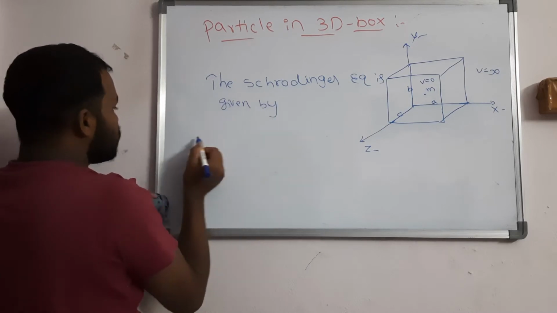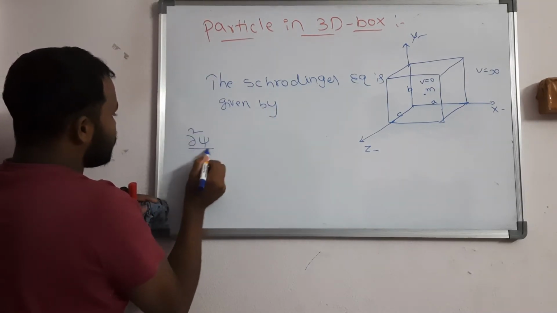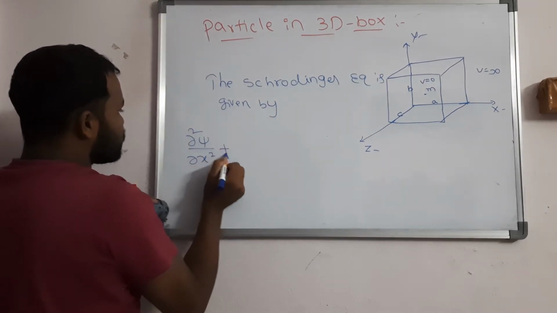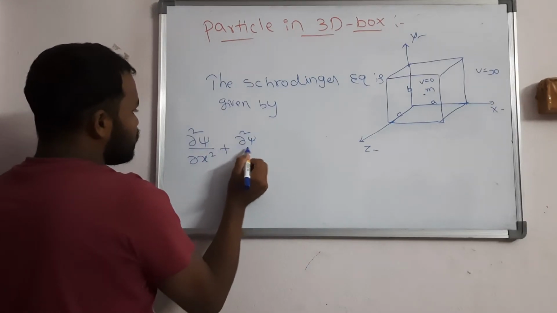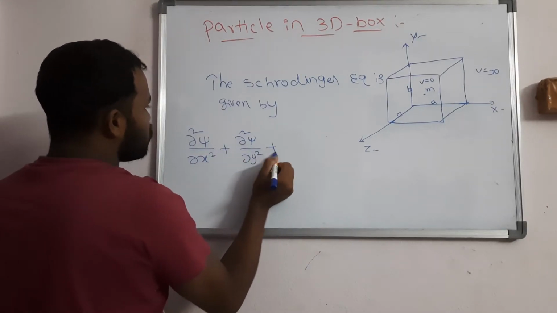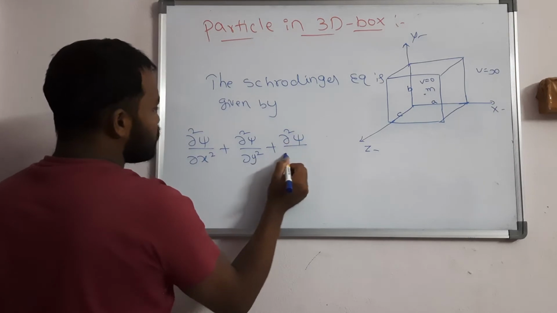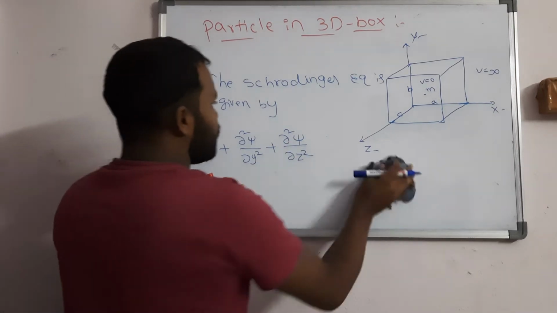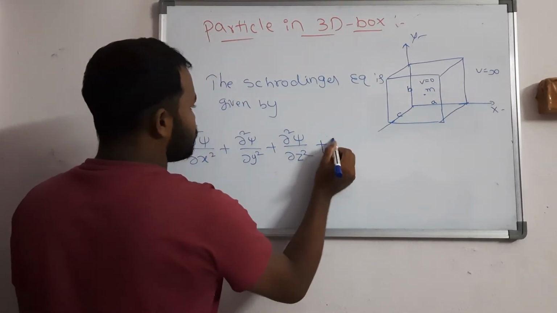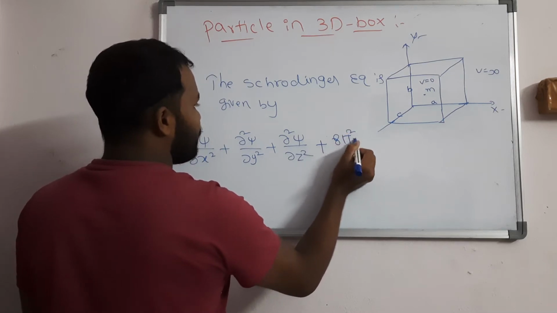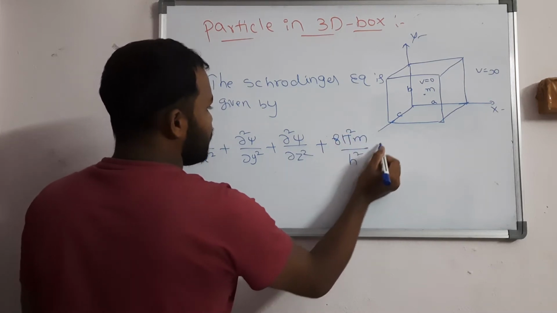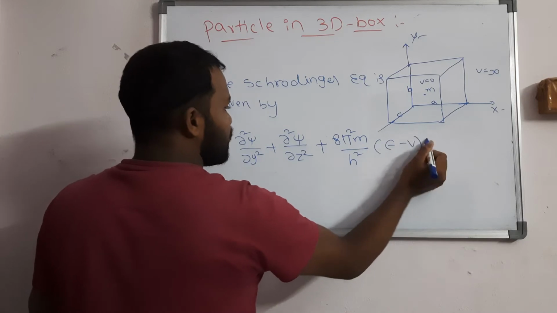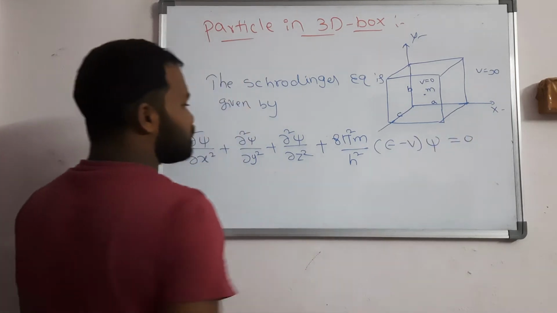Already we know that dou square psi by dou x square plus dou square psi by dou y square plus dou square psi by dou z square plus 8 pi square m by h square into e minus v into psi is equal to 0, right?